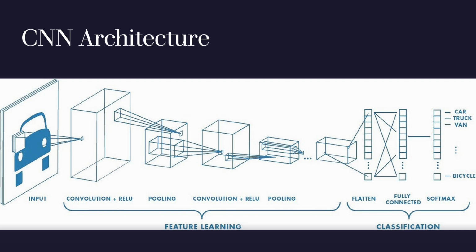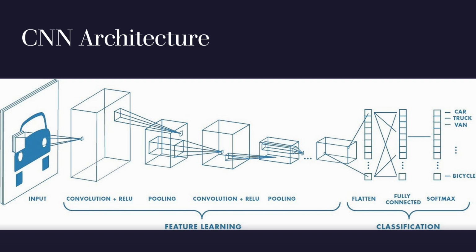Now, if we go deep into the feature learning subnetwork, we can see that it's made of two specific components or layers. The first one is a convolution layer. This convolution layer is responsible for capturing spatial details from images.